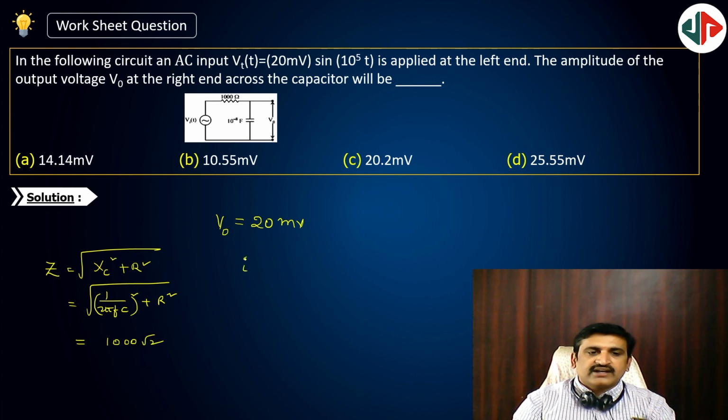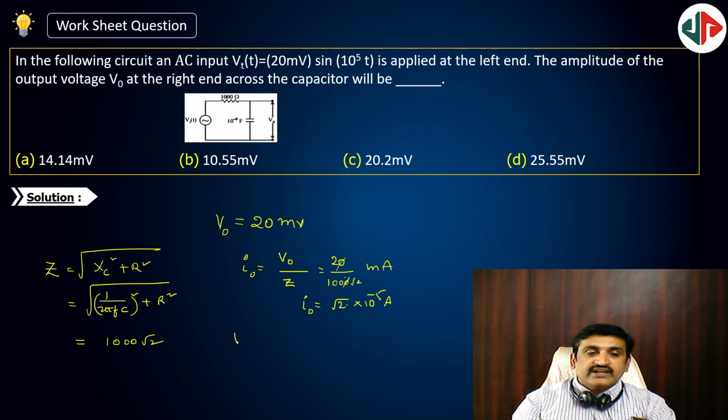Now the current I0 is equal to V0 by Z, that is 20 millivolt by 1000 root 2, which gives root 2 into 10 to the power of minus 5 amperes, the I0 value.